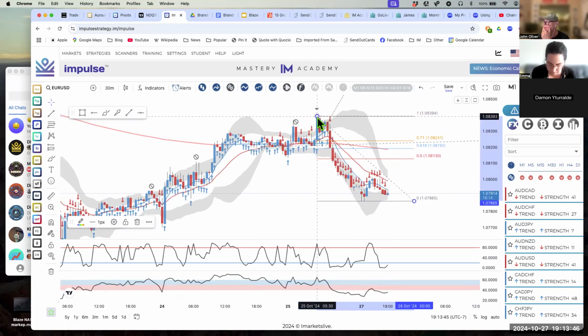Our stop loss would be just above here. Let me just see what my spread is here on EU. It's only 2 pips. So that is right around 94.